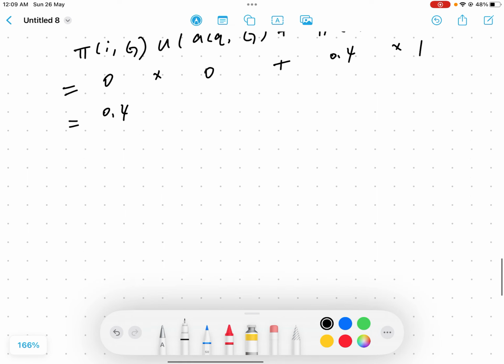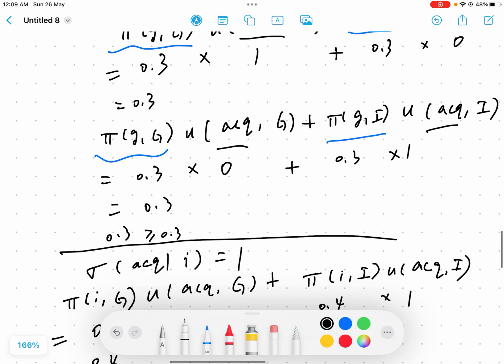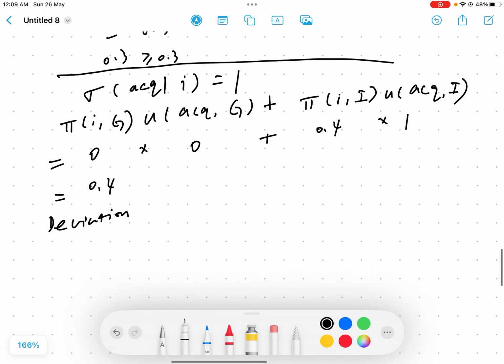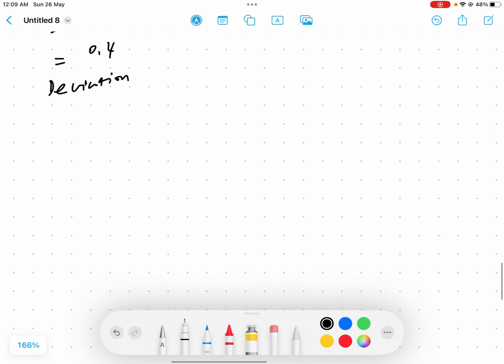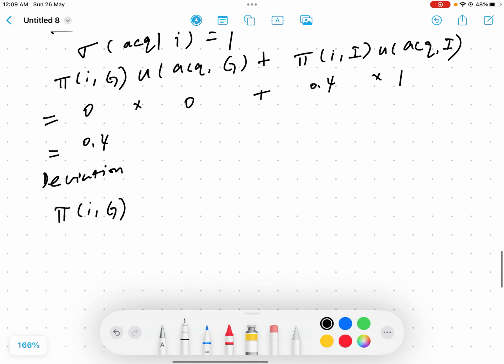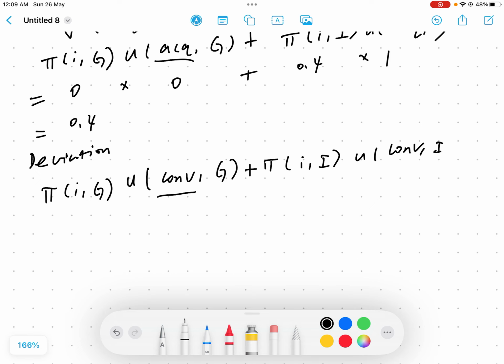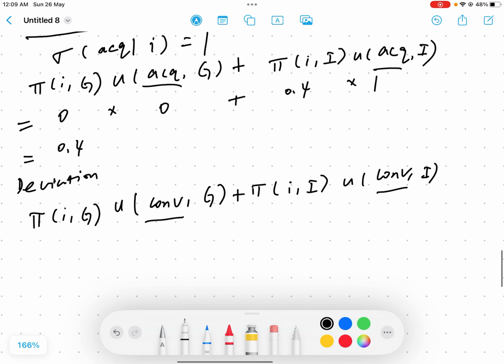But what if there's deviation? Let's write that here as well. If there's deviation, then pi IG is still the same, but inside of u is different. So this is convict given G, plus pi II times u of convict given I. Here is acquit and here is convict.